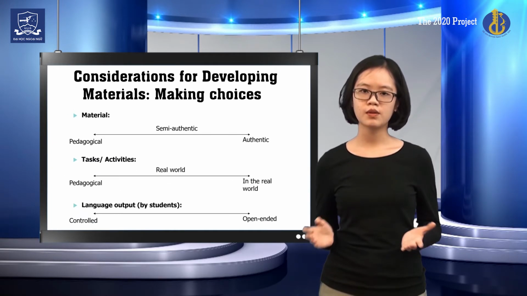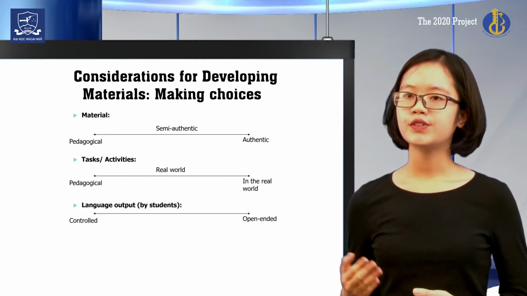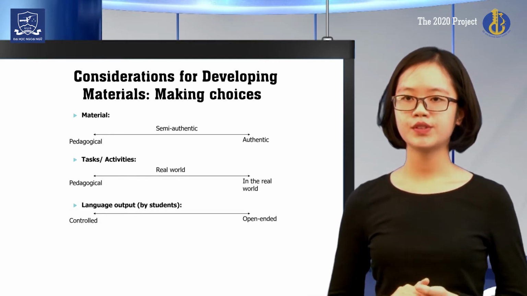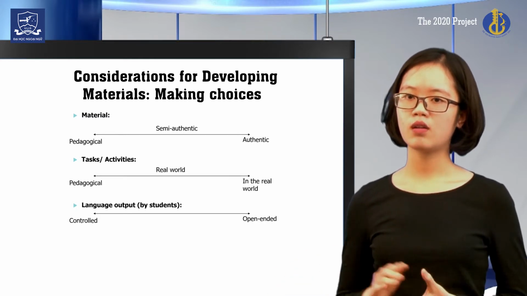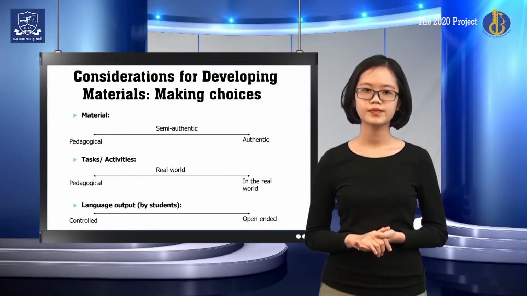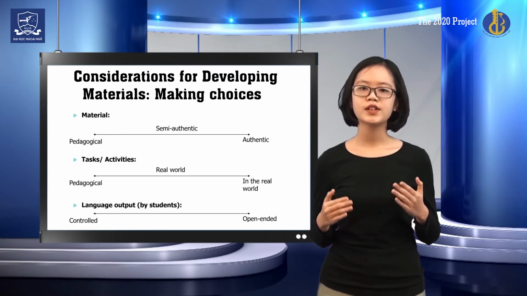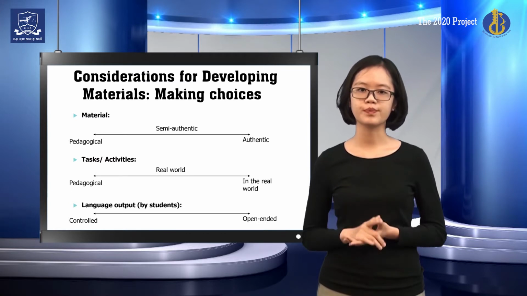Here are some considerations for developing materials regarding making choices. For material, we need to decide the level of authenticity of materials, whether it should be authentic, semi-authentic, or pedagogical. When designing tasks and activities, we also need to consider how close the activity should be to the real world.